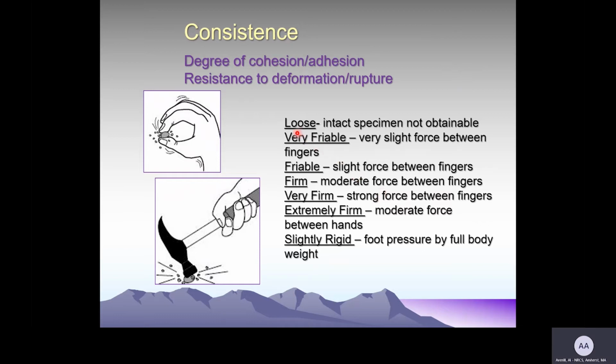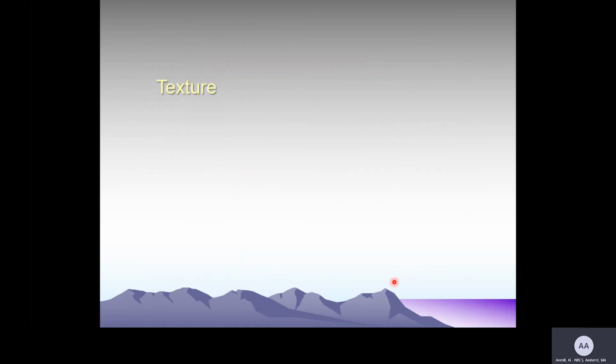You don't need to know all of these terms for the Envirothon. I only point this out because when we say that the consistence is very firm or extremely firm, that term equates to a quantified value. But we describe it as things like moderate force between the fingers in order to break the material.